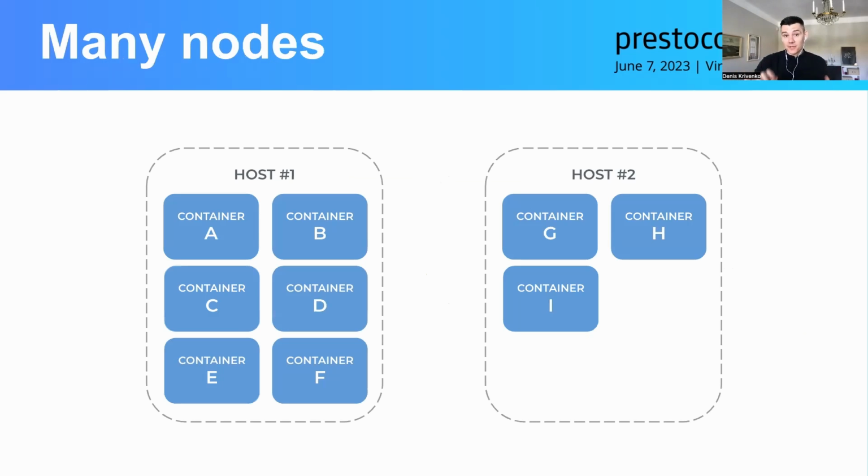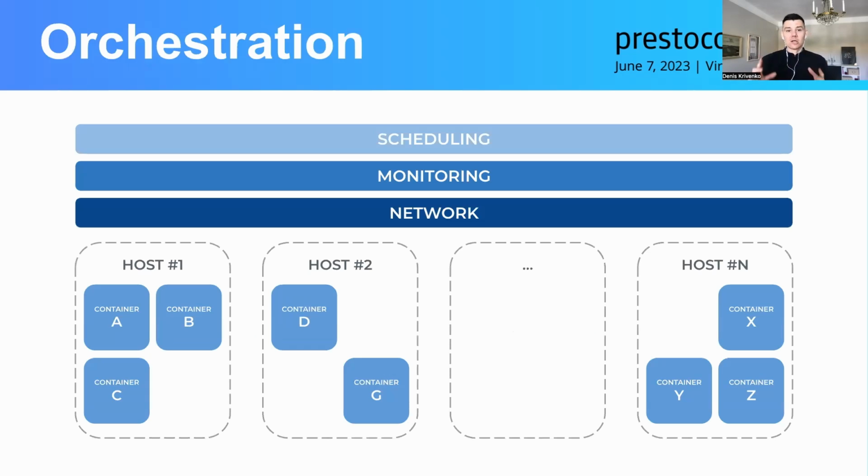So the solution is to use more hosts to spread workloads across the cluster and enable infrastructure for high availability and horizontal scaling. Of course, it doesn't come for free. With more hosts, there are more problems that need to be considered and solved. It is required to have an orchestration infrastructure on top of hosts.